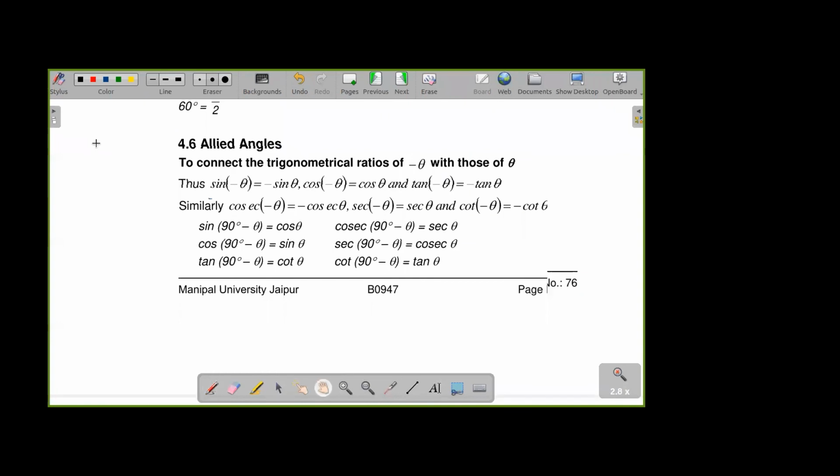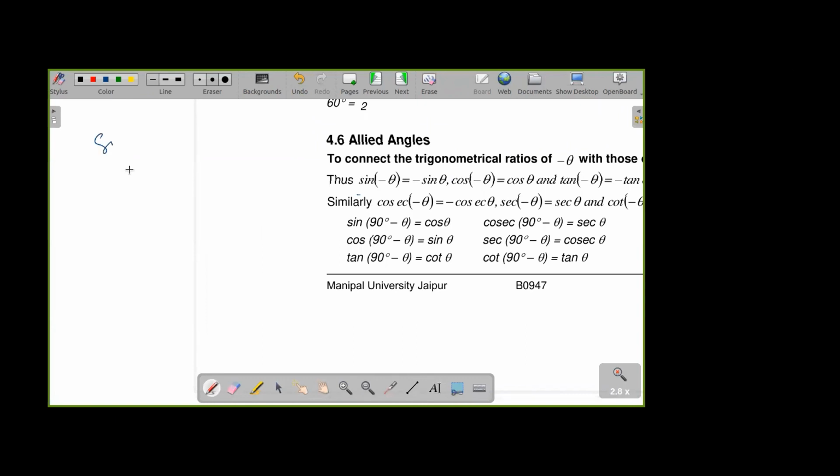Whenever sine and tan and its reciprocals, like sine reciprocal is cosec, and cot, whenever these trigonometric ratios, if you find them, you have to always follow the sign. Like if I do tan minus theta, then I have to write minus tan theta. Like minus sign will come out as a coefficient.